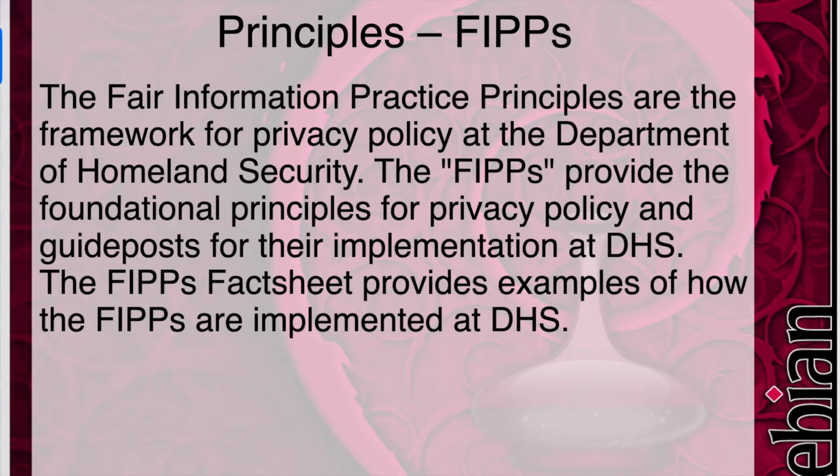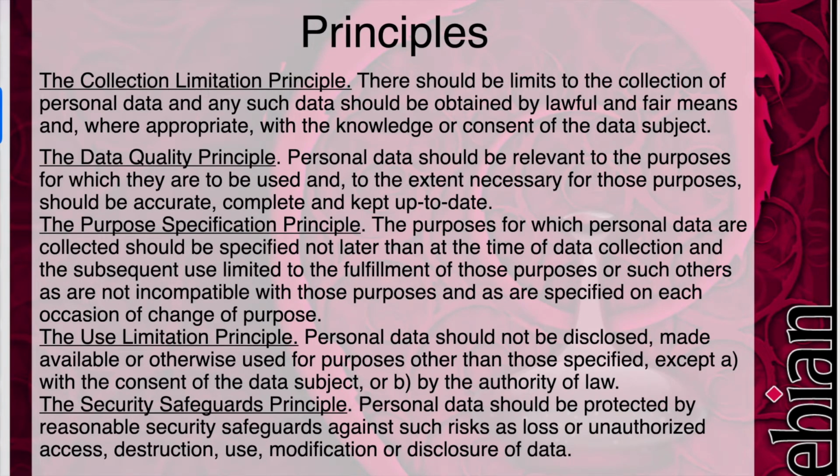The FIPPs fact sheet provides examples of how FIPPs are implemented there. They are divided into many points, but we'll talk about the collection limitation principle, the data quality principle, the purpose specification principle, the use limitation principle, and the security safeguard principle.